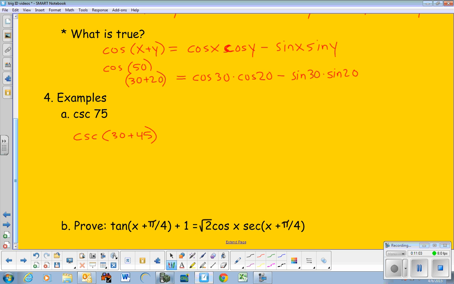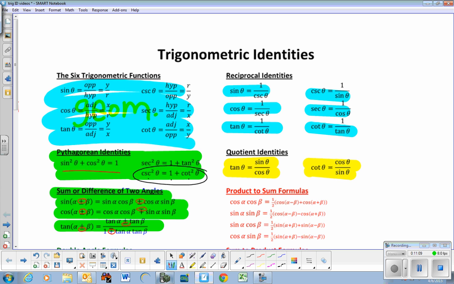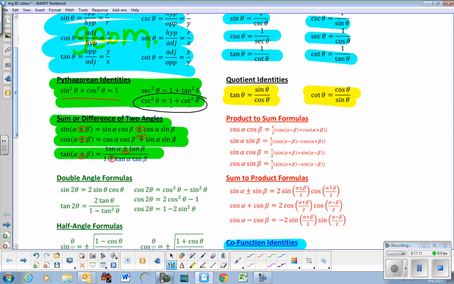Since 30 and 45 are unit circle spots, and now I have a way to evaluate sum and difference, I can answer this with no calculator. You'll notice there's no cosecant, but we do have sine, and sine is the reciprocal. So what we're going to do is find the sine of 75 and flip it over.